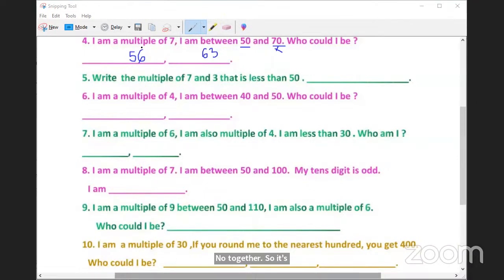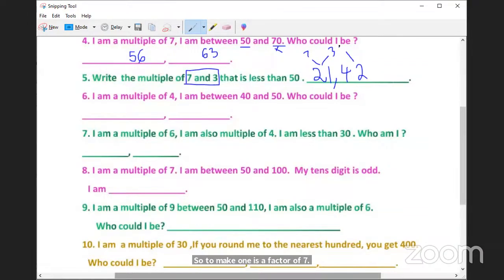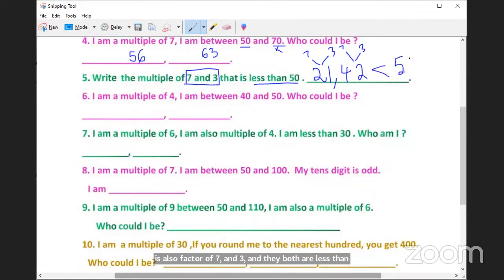So how do you write it? Write a multiple of 7 and 3. So which comes together? 7 times 3 is 21. At the same time, 42. So 7 is a factor of 21 and 42, and 3 is also a factor of 21 and 42. 42 is also a multiple of 7 and 3. And they both are less than 50. Are you clear with that? So they're talking about both, not one.